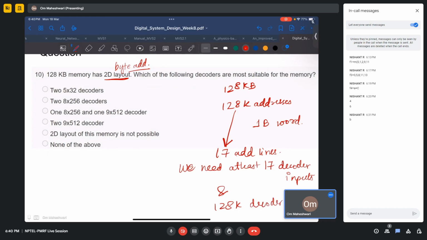So the ideal decoder would be a 17 cross 128K decoder, but we do not have that. So we can have a combination of that. We can break it down. Out of these, this one is correct. So 8 and 9 add up to 17, and 256 cross 512 adds up to 128K.